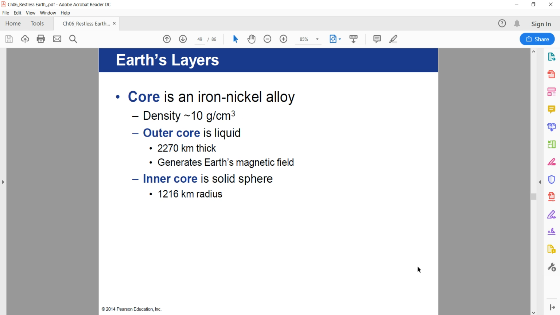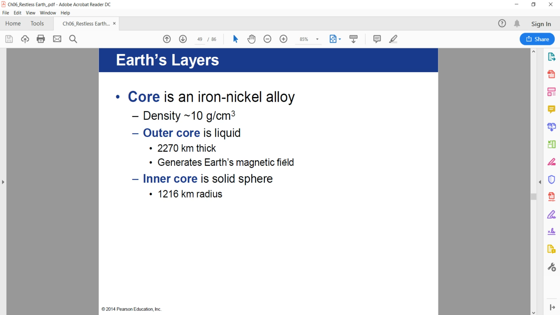The core is made out of mostly iron and nickel. It is the most dense, 10 grams per cubic centimeter. The outer core is liquid, the inner core is a solid sphere. And this is where the molten iron is creating the Earth's magnetic field.